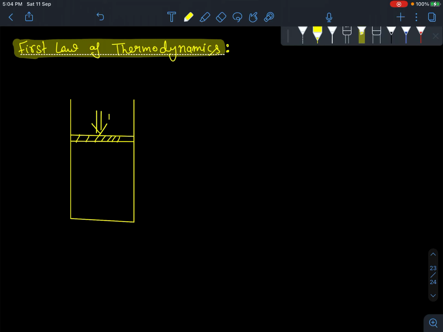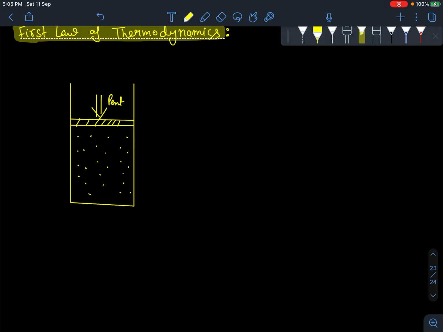The external agent is responsible for compressing or expanding this, depending on the pressure.